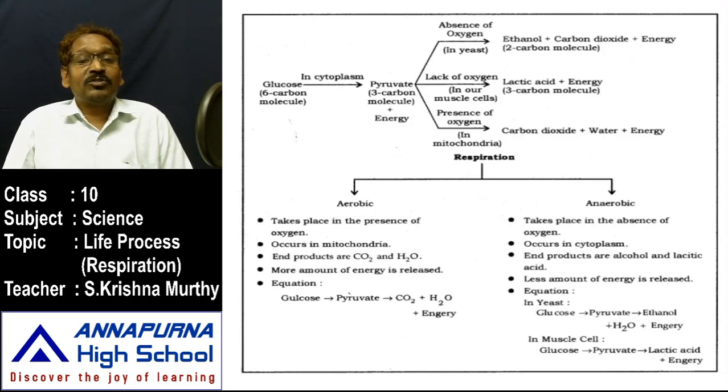Along with ethanol, some waste materials are also evolved from the pyruvate. What different materials are evolved from the pyruvate? The pyruvate releases an energy source such as ethanol, and a waste material, carbon dioxide. Ethanol, carbon dioxide and some amount of energy are released in the absence of oxygen in the cell of yeast.